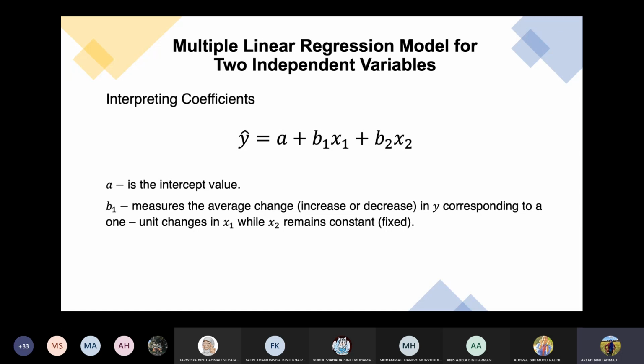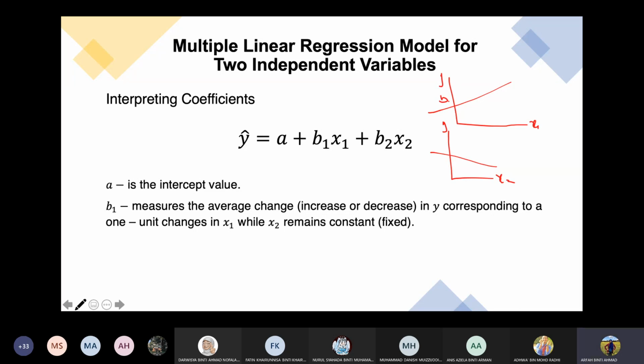So awak ada dua independent variable, X1 terhadap Y kalau kita buat plot dan juga X2 terhadap Y. So kalau kita buat dia punya line, you akan dapat yang ini adalah B1, dia punya slope.